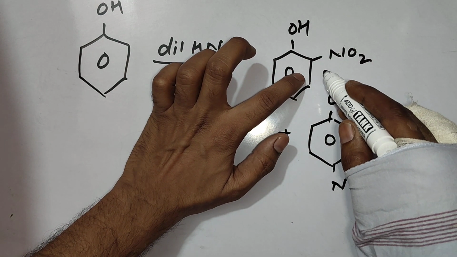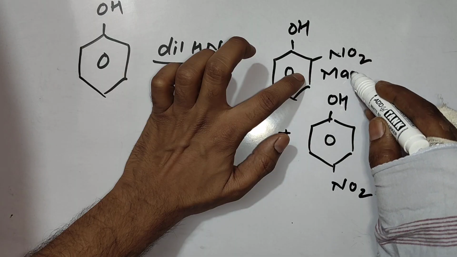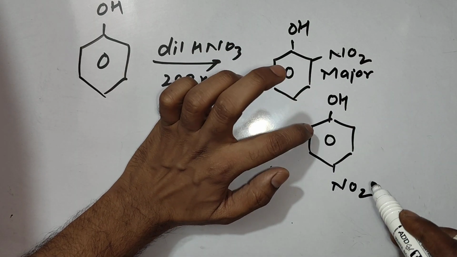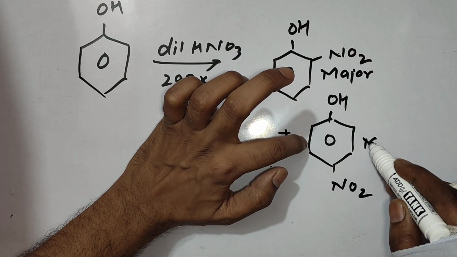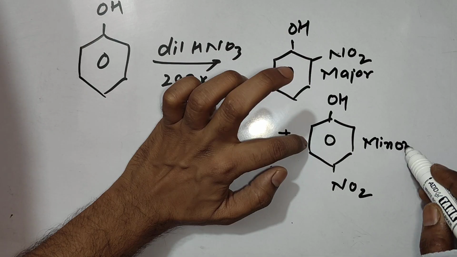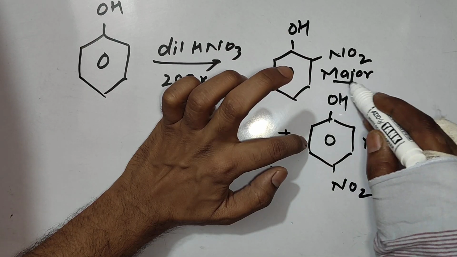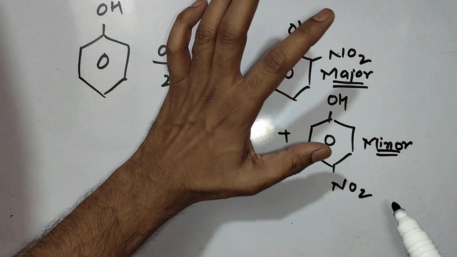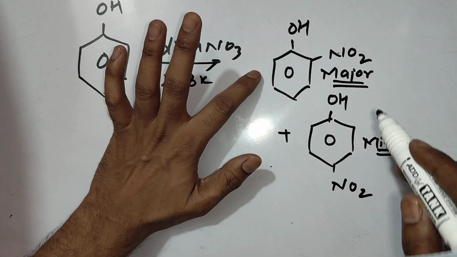Ortho substituted product will be major and para substituted product will be minor. Important point. Whenever we have exceptional points, they are always important in chemistry. Let me tell you the amounts.